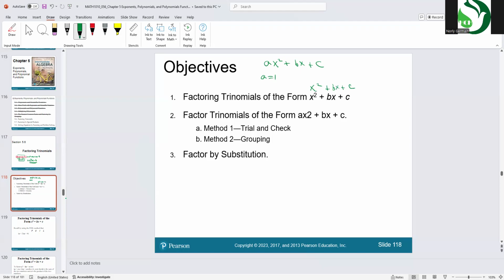We will also factor trinomials of the form ax squared plus bx plus c where a is not equal to 1. So a can be equal to 2, or negative 5. There are two methods: one is trial and check, and one is by grouping, which we also call the AC method. And we will also factor by substitution.